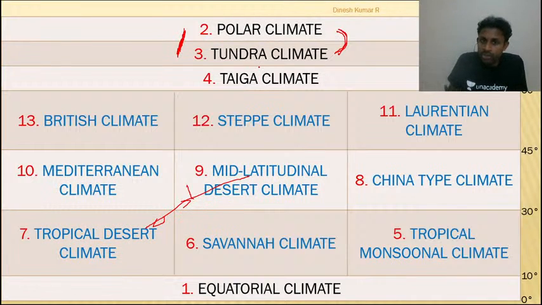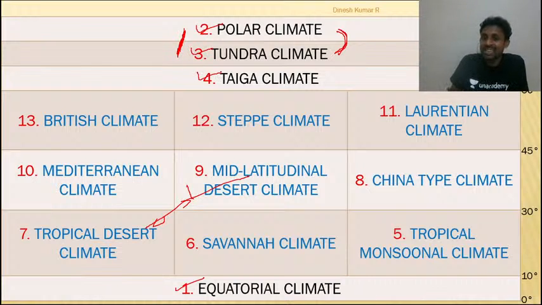Now, out of these 13 world climatic regions, you can see some of them I have written in black color, that is 1, 2, 3 and 4, and others from 5 to 8 I have written in blue color. What does that mean? I want to show you from the figure that all these are different; they are formed on the basis of different sources, or I can say their reasons of formation or development are different. The black ones are the equatorial climate, polar climate, tundra and taiga climate.